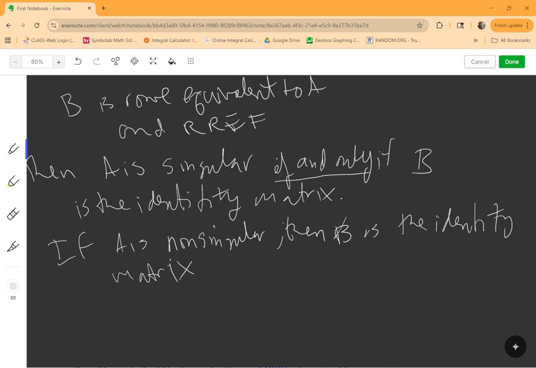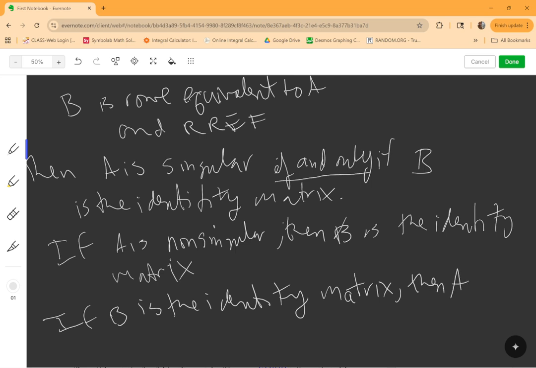And also, if B is the identity matrix, then A is non-singular. So this is the idea of it going in both directions.